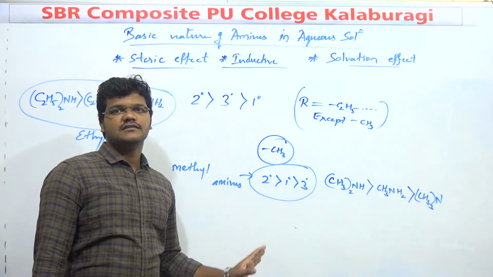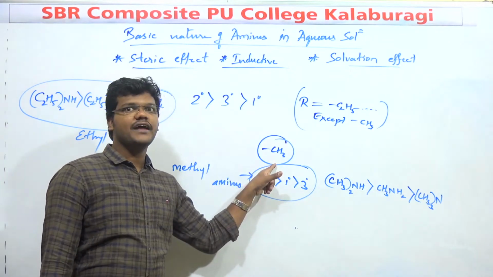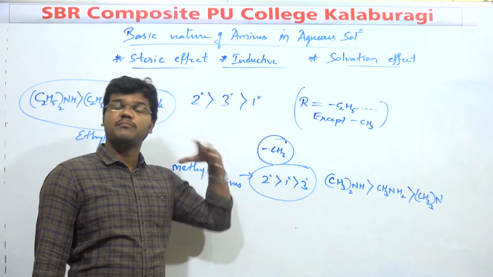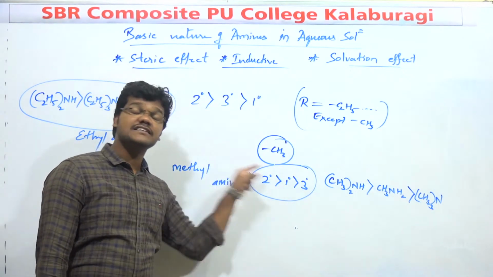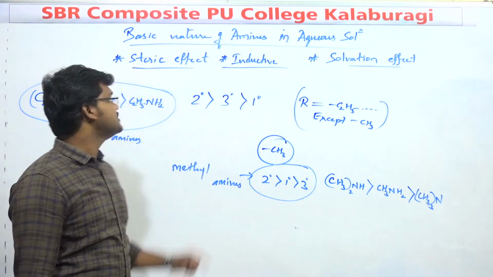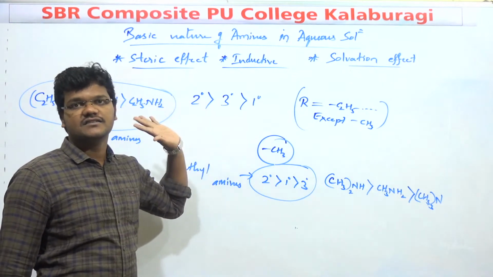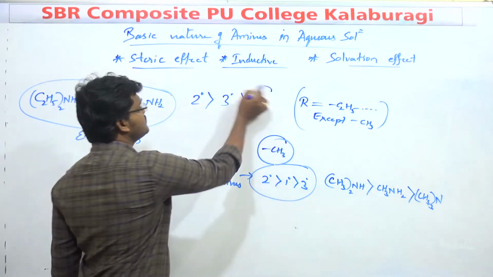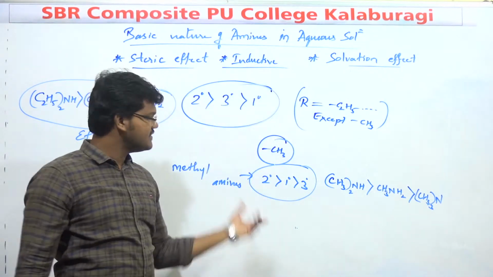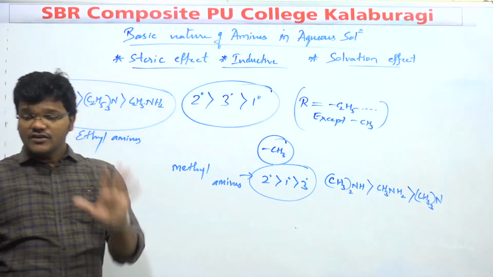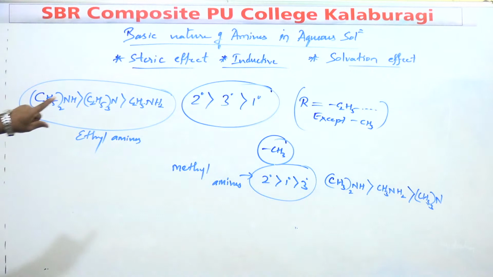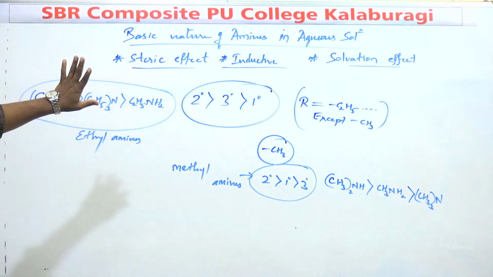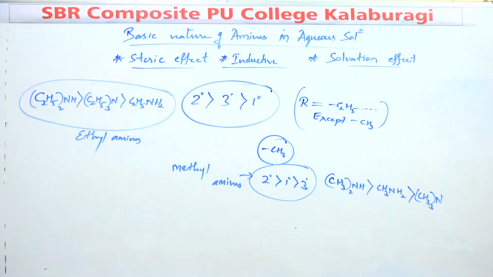If methyl is replaced by C2H5 or C3H7 or bulkier groups, there will be a change in the order of basic nature. So this is for all alkyls except methyl. This is the basic nature of amines in aqueous solution. That's it about the basic nature.